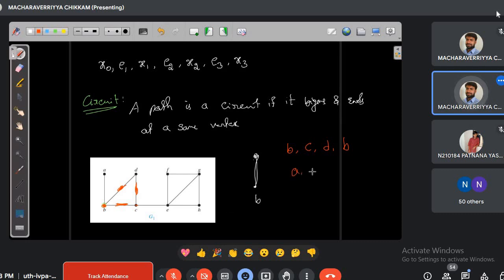And even you can start at A, B, then you go to D and then C, B, E. So this is also a circuit.